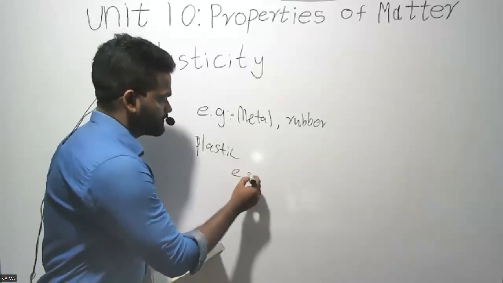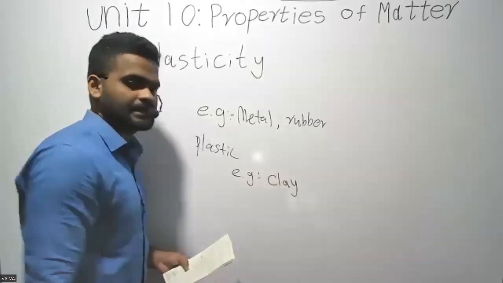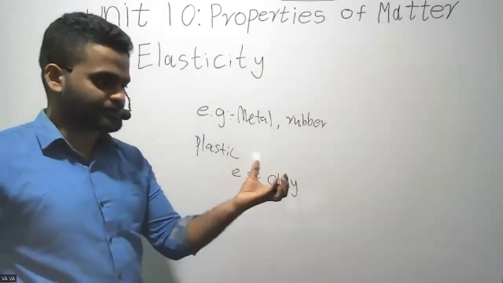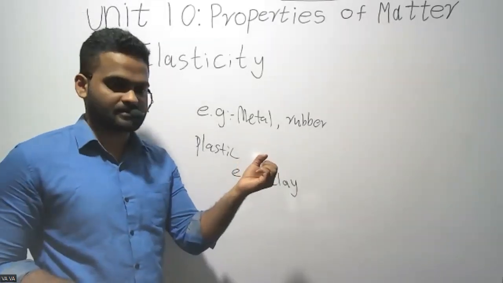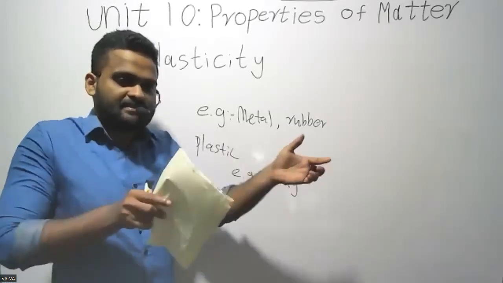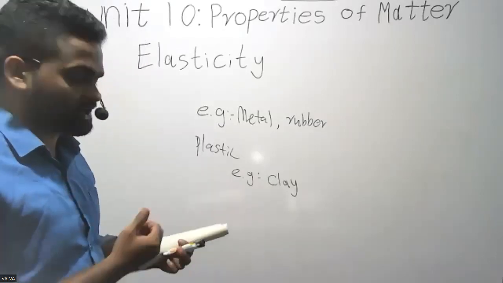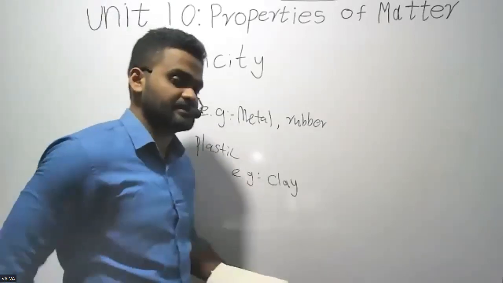So an example for a plastic material is just clay, right? If you compress a lump of clay, it doesn't regain its original shape. It just changes its shape.